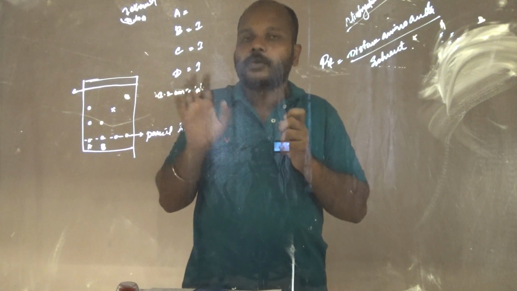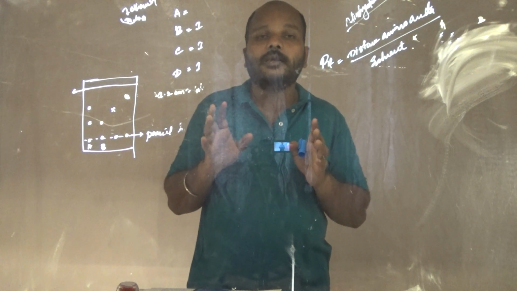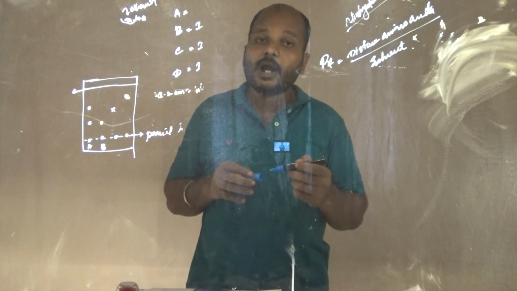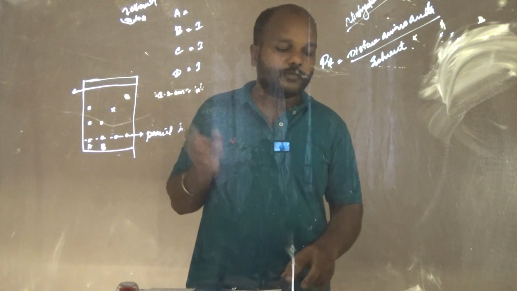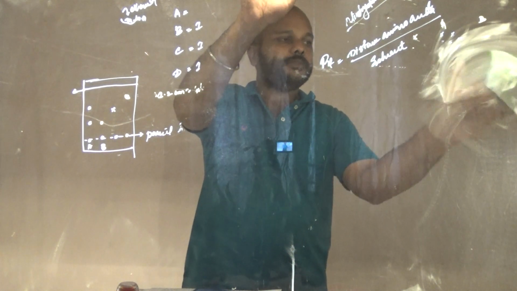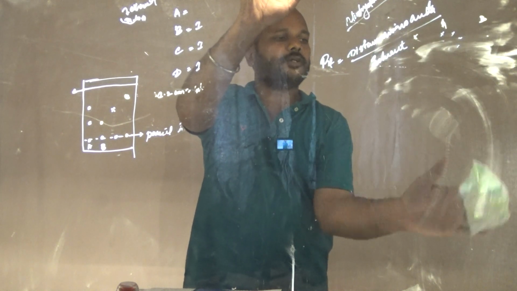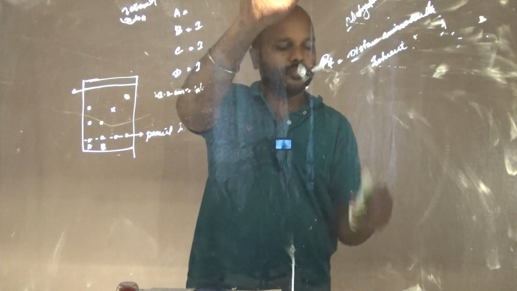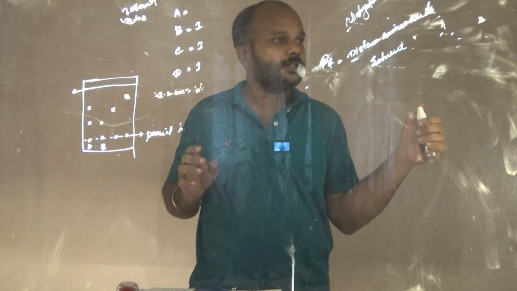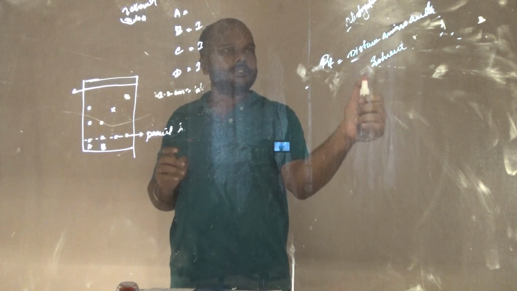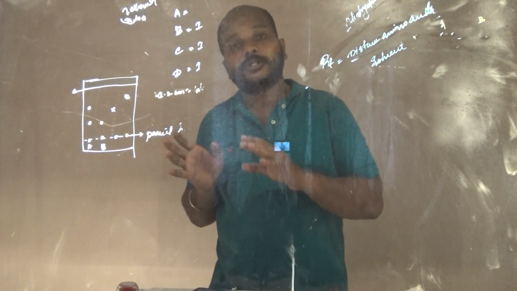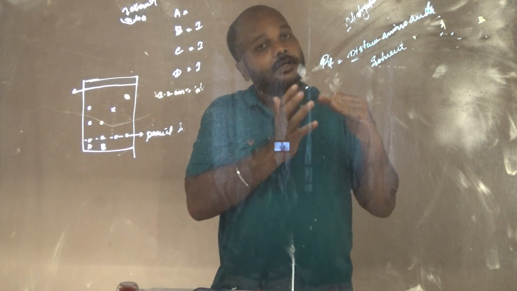Then using paper chromatography, you will be able to tell which amino acids are present in that. This is the application of paper chromatography in the food industry, forensic sciences and many other areas.